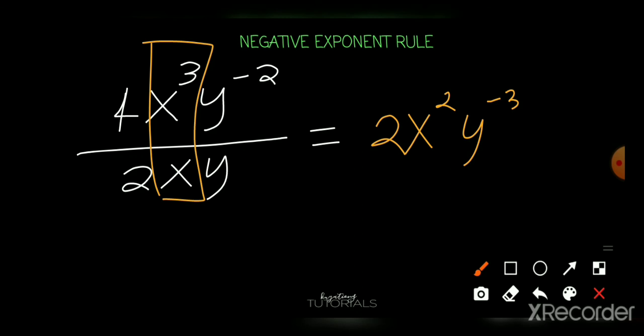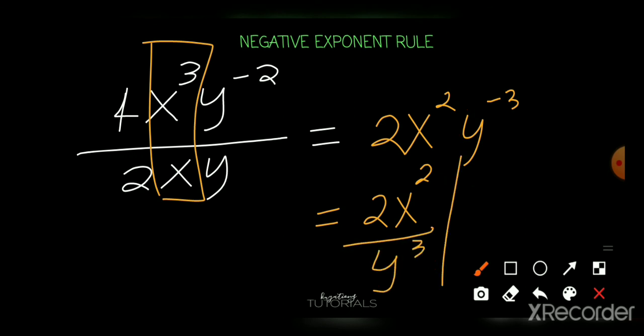Since y has a negative exponent of negative 3, we move it down. So what remains is 2x squared over y to the power of 3. That's the final answer.